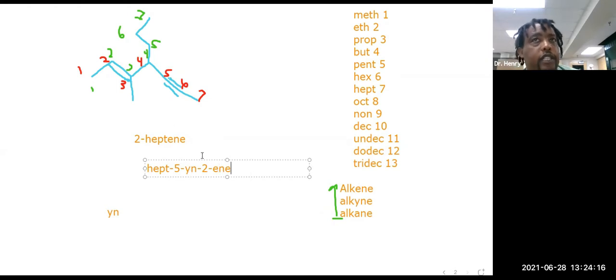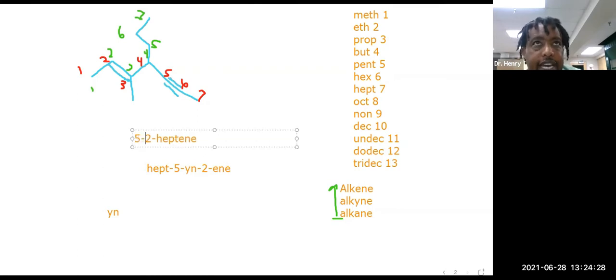It also tells me where the double bond is in the main chain. So this is one way of doing it. The other way of doing it is this way, where we would just put 5-YN. That tells me again there's a triple bond in our main chain, at the 5 carbon.